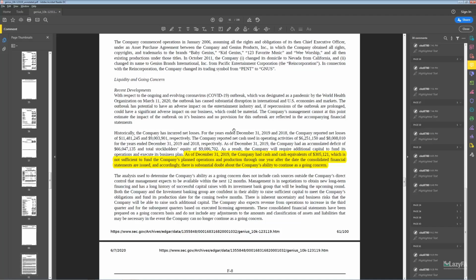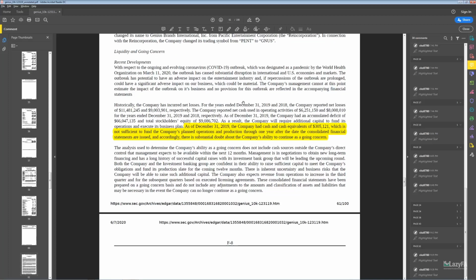So basically, if they didn't raise capital, they were dead in less than a year. This phrase, there is substantial doubt about the company's ability to continue as a going concern, is basically accounting lawyer speak for, we don't think we're going to be able to survive. So that is a phrase that I always watch out for in these financial statements.